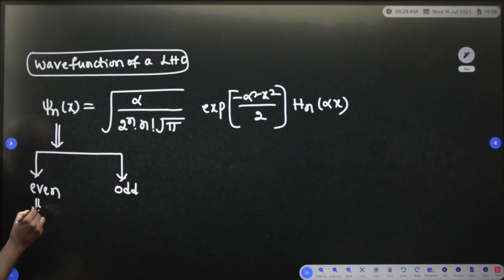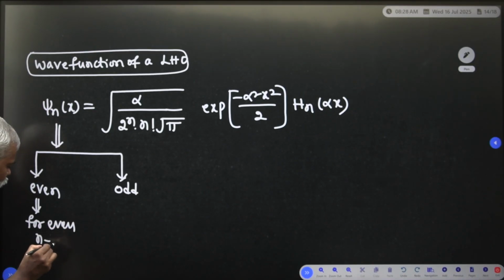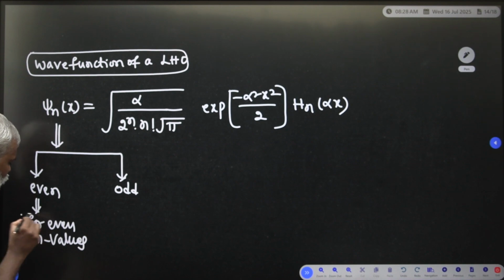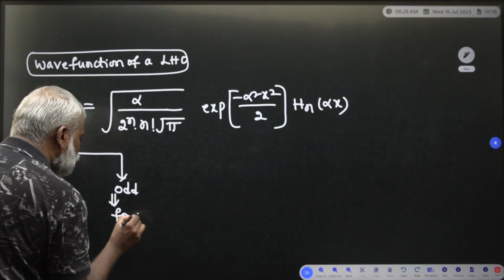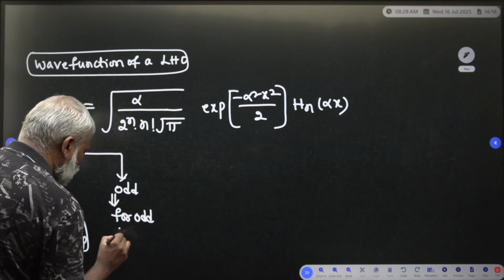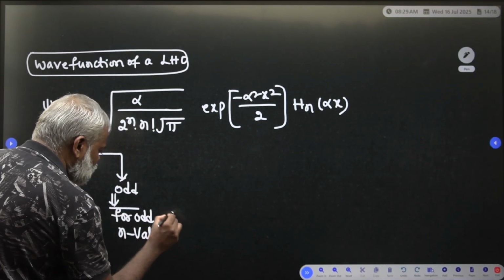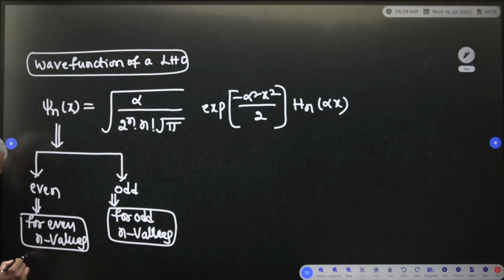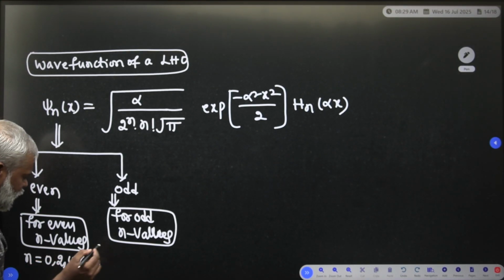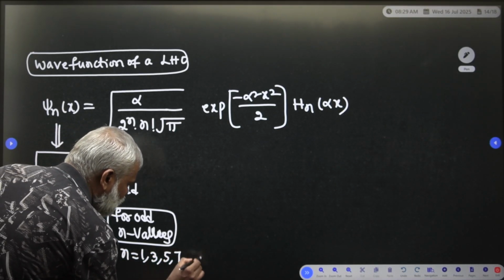For even n values, it is going to be even. For odd n values, it is going to be odd. For even n values, n is equal to 0, 2, 4, 6 and so on. Odd n values are 1, 3, 5, 7 and so on.